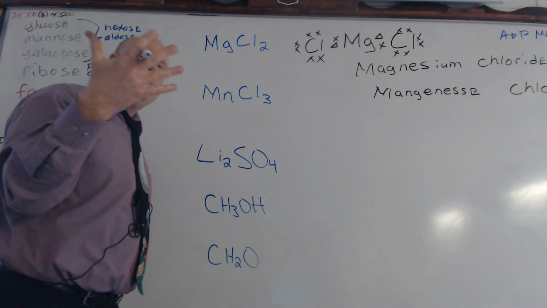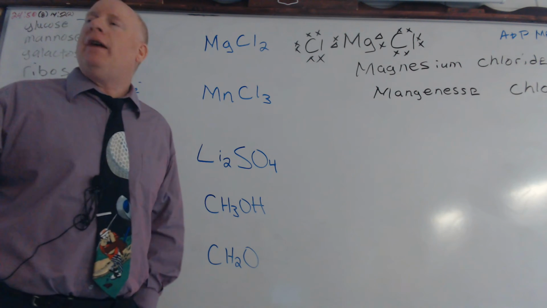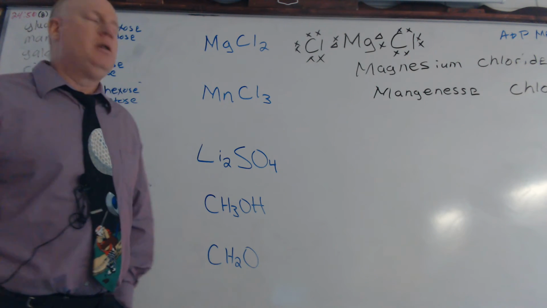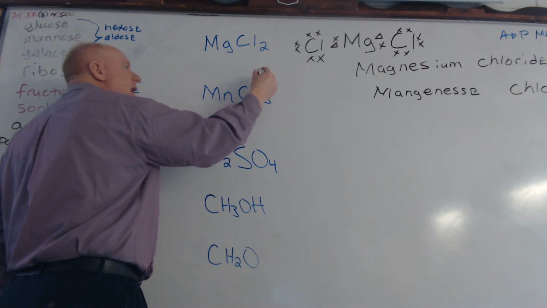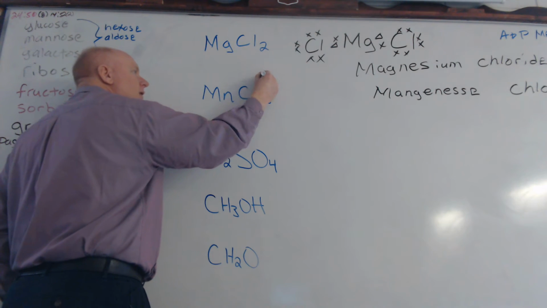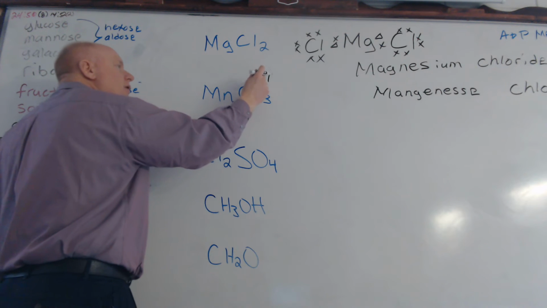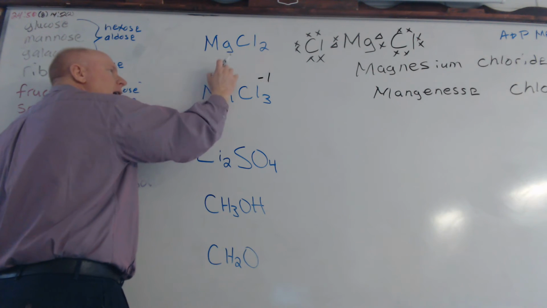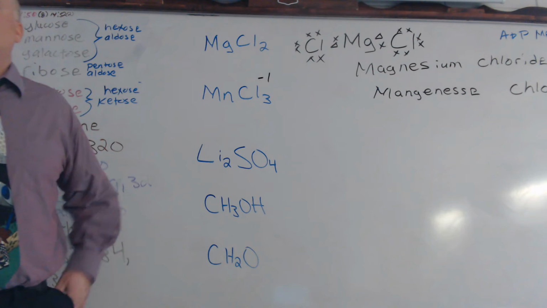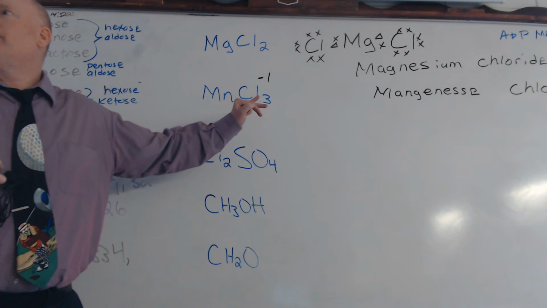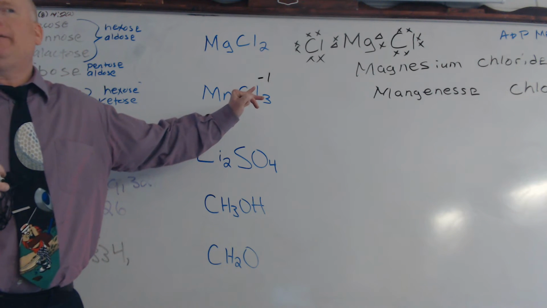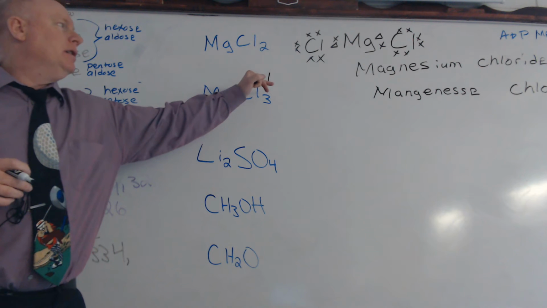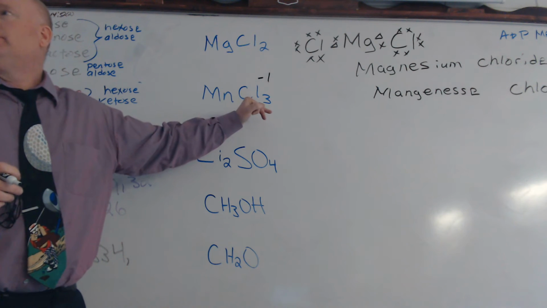Because remember, the charges have to add up to what? Right. So chloride or chlorine being in the 7th column has a charge of negative what? So in order for this to add up to 0, what is -1 times 3?